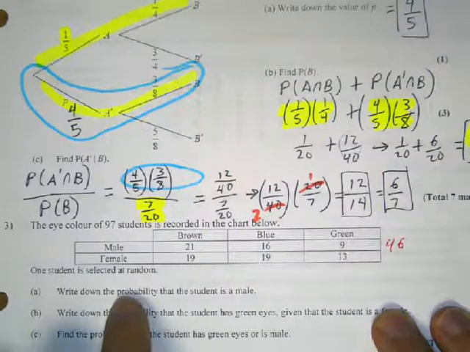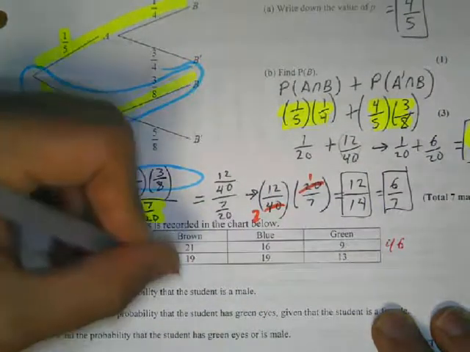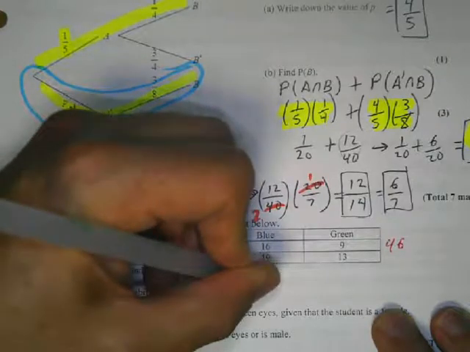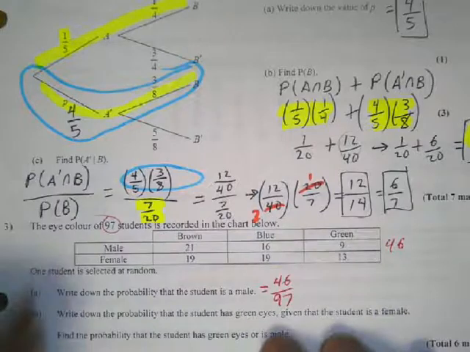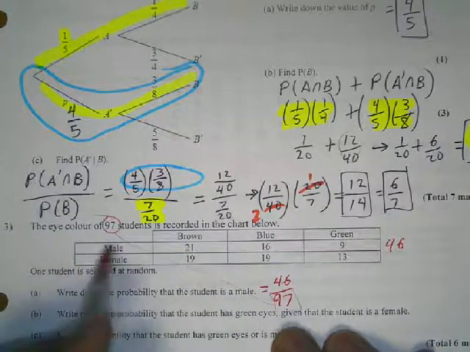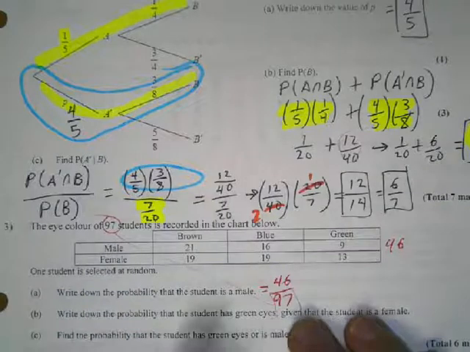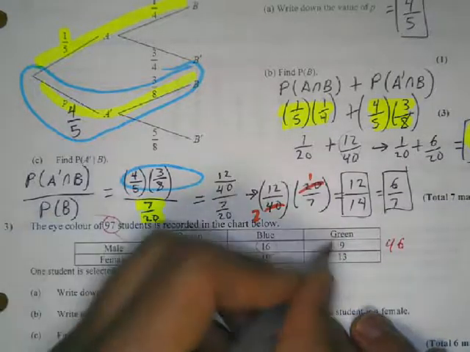And we need the total of all the students, which is 97. So this is going to be equal to 46 divided by 97. Sorry, the total number of students is 97, and the total number of males is equal to 46.